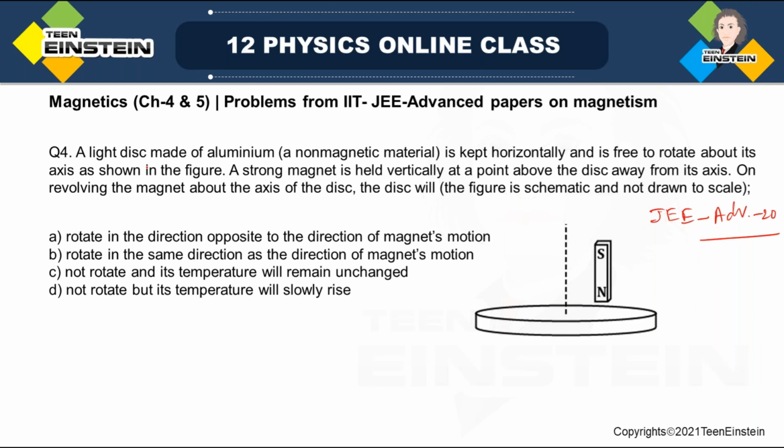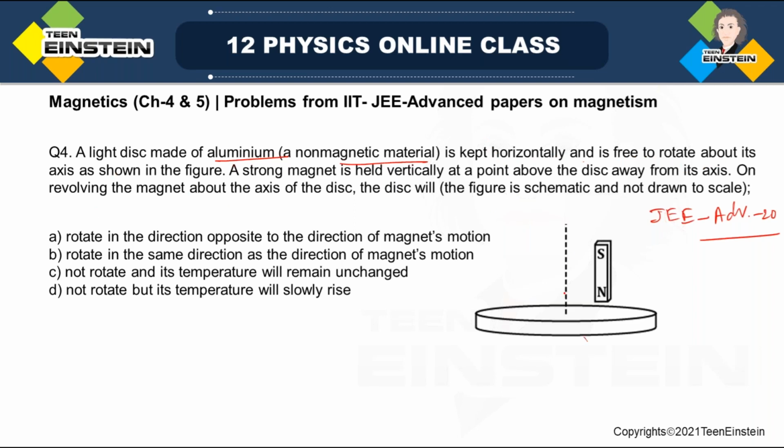A light disc made of aluminum, which is a non-magnetic material, is kept horizontally. As you see, this is an aluminum disc, and it is a non-magnetic material, kept horizontally and free to rotate about the axis shown in the figure.